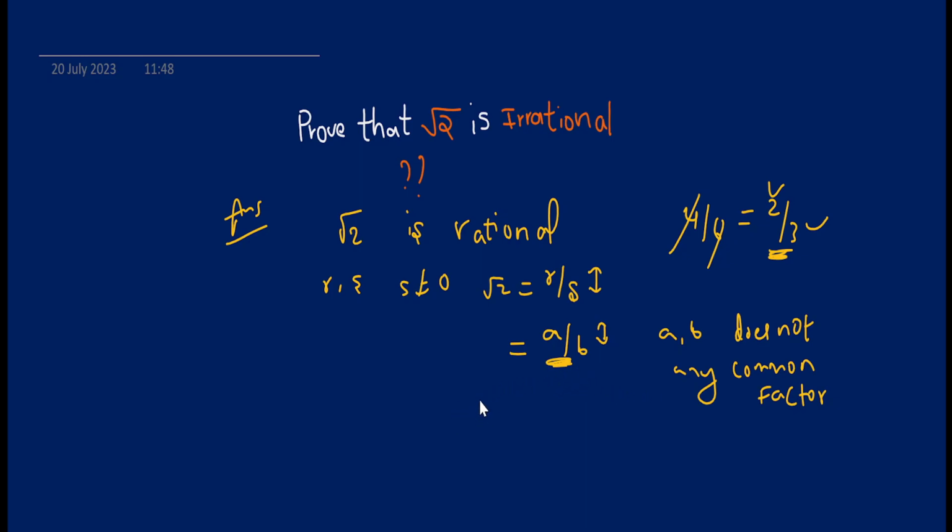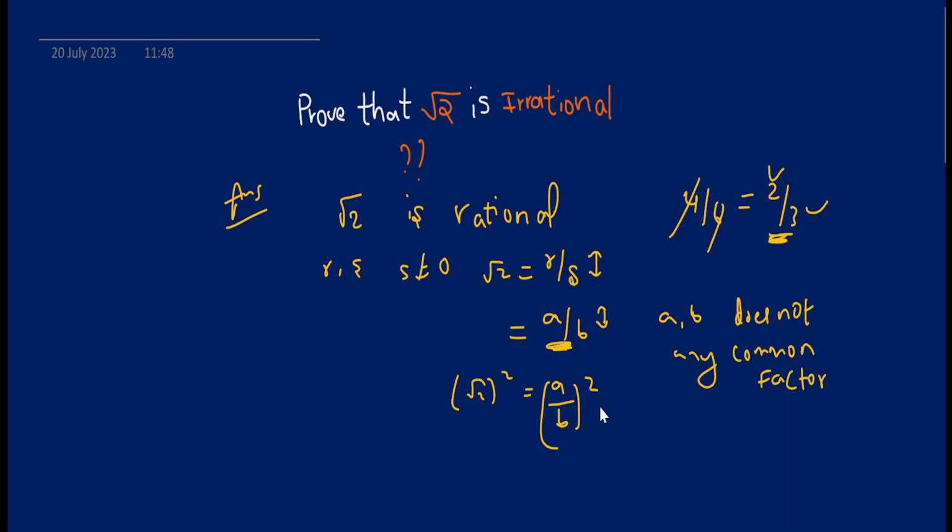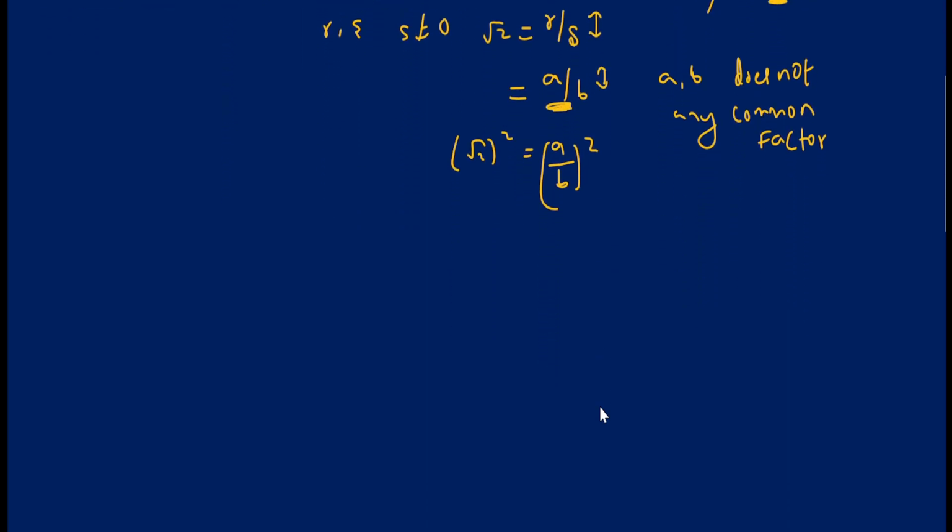Now let's do some basic algebra. Let's square both sides. So root 2 whole square is equal to a by b whole square. From this, we get 2 is equal to a square by b square, which implies a square is equal to 2b square.